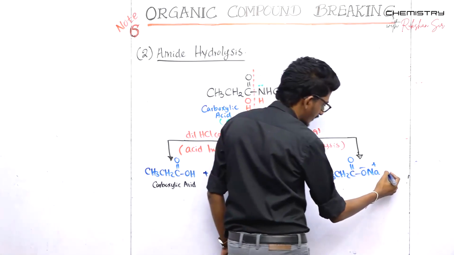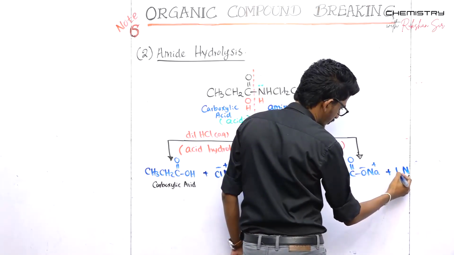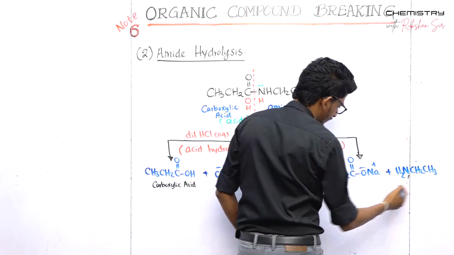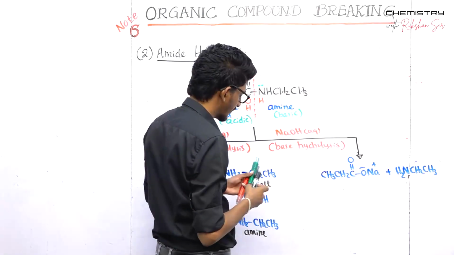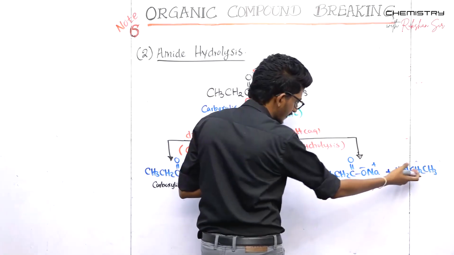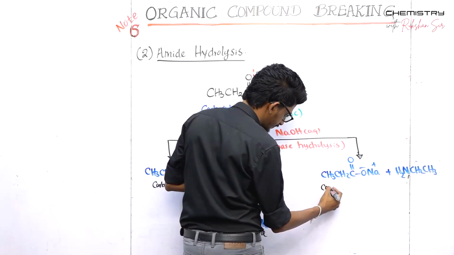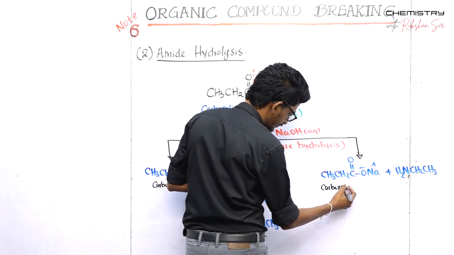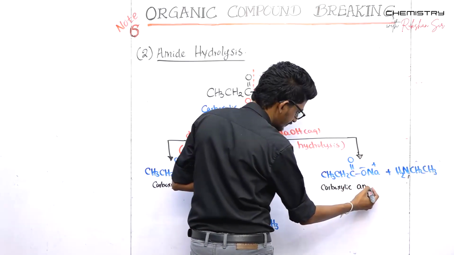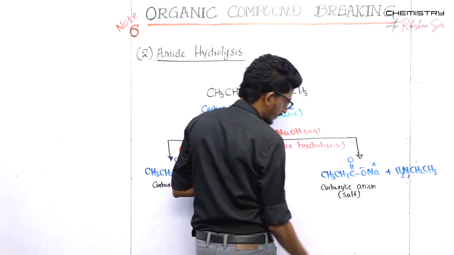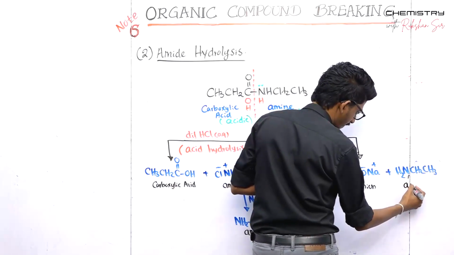So the two products from a base catalyst are the carboxylate salt and the amine.